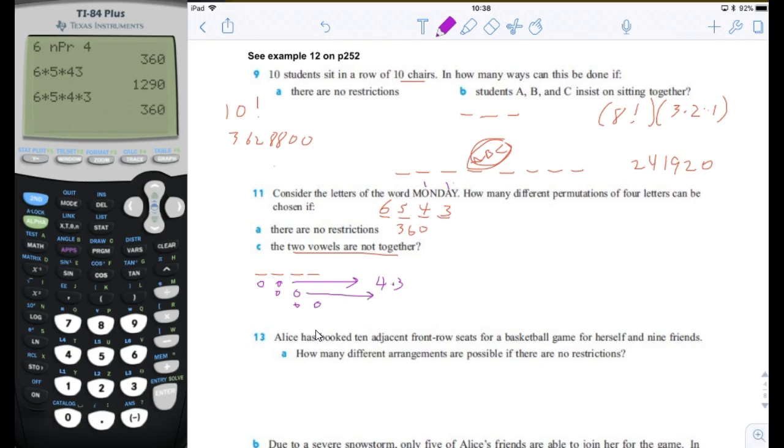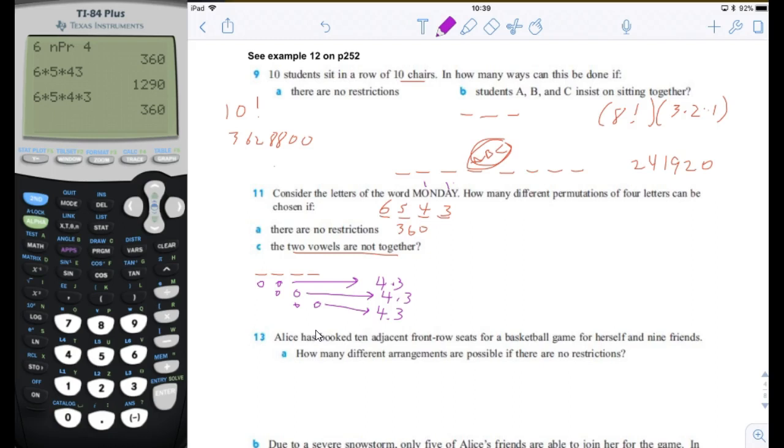And then same thing for this one. This would also have 4 times 3 different ways. And this would also have 4 times 3 different ways. So each one of these sequences has 12 different ways to fill the other 2 slots that are not filled with vowels. And remember, there's 2 ways to fill the vowel slots, either OA and AO.